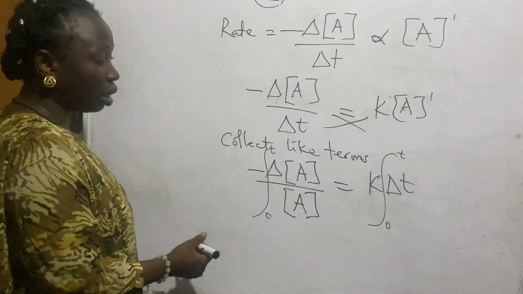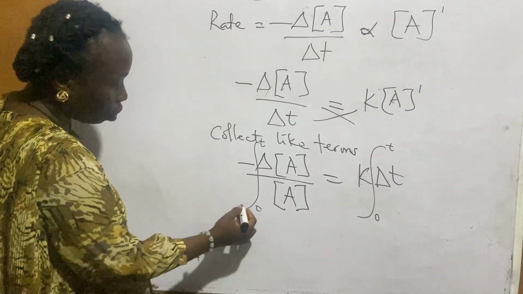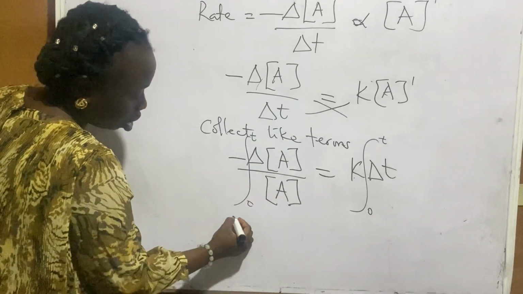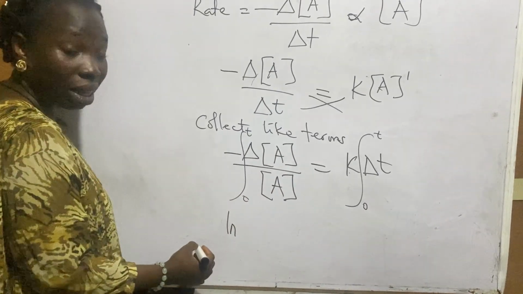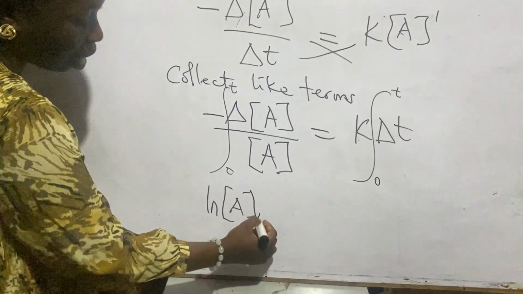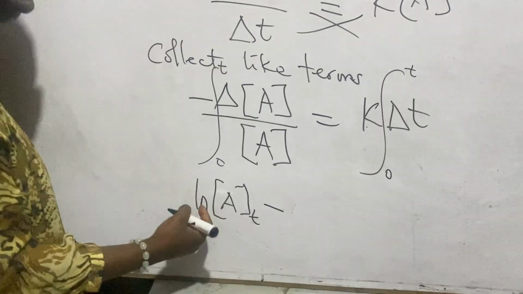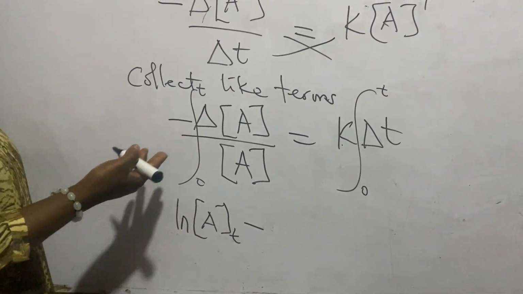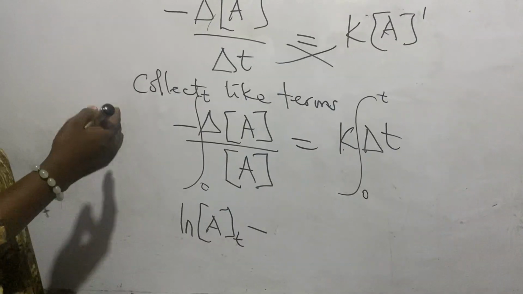So it means that concentration, when we remove change, it becomes, we will now introduce our natural logarithm. It becomes the natural logarithm of concentration of A at time T minus. Why do we put minus? Because in integration, division means what? Subtraction, and multiplication means what?